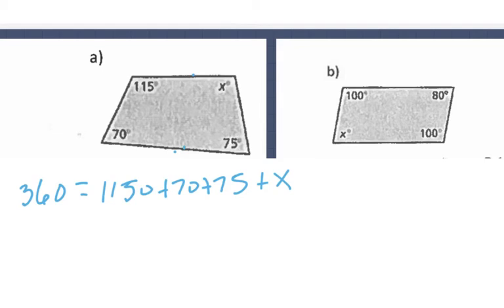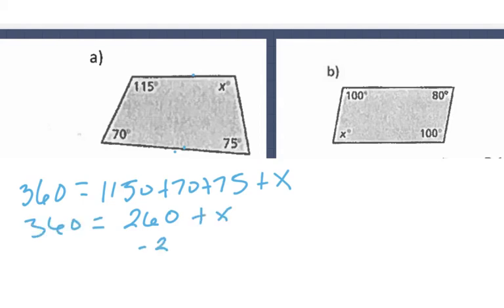So I'm going to combine my like terms on this side. I'll take 115 plus 70 plus 75 in my calculator, and I get 260 plus x.